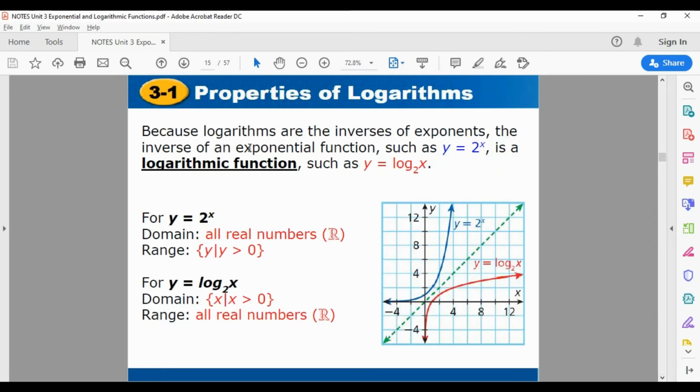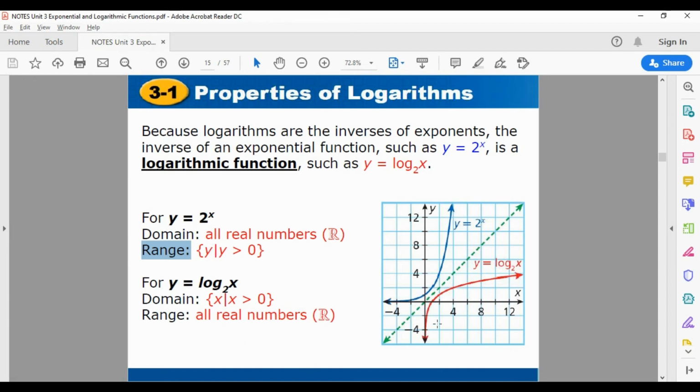The logarithm, in comparison, if you draw the line y equals x on the graph, has been mirrored exactly over this line from the exponential. So for log base 2 of x, notice that the domain and the range of the exponential have switched places.